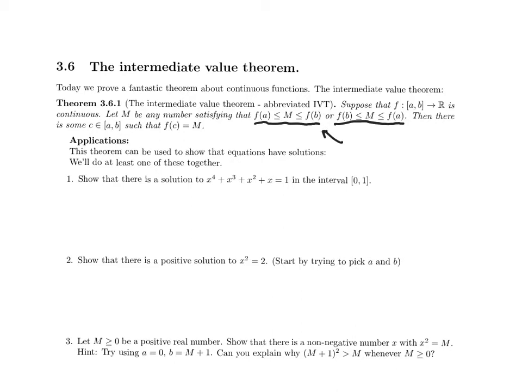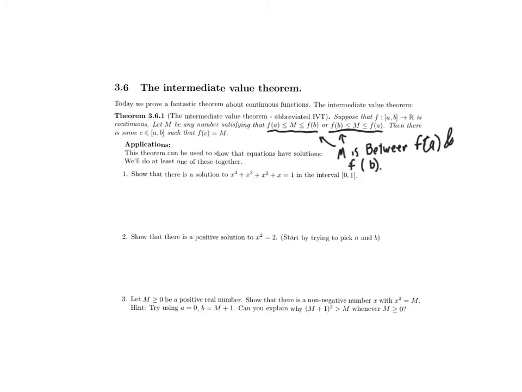So either of those should be interpreted as saying m is between f(a) and f(b). I just don't know whether f(a) or f(b) is bigger. Then there is some c between a and b which satisfies that f(c) is equal to m.